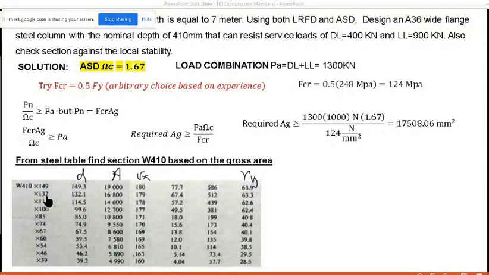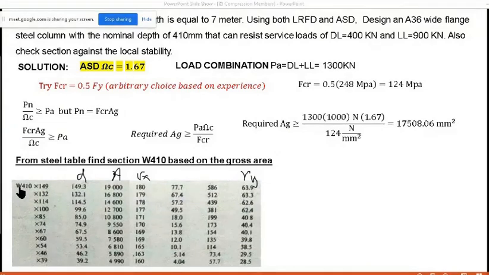So ito yung section natin. So titingin daw tayo dito sa ating steel table na yung area natin should exceed this value. So yung required area natin should exceed this value, that is 17,508. So pag tinitignan natin ito, if we check our table, anong section yung mas mataas doon sa ating 17,508 na area?